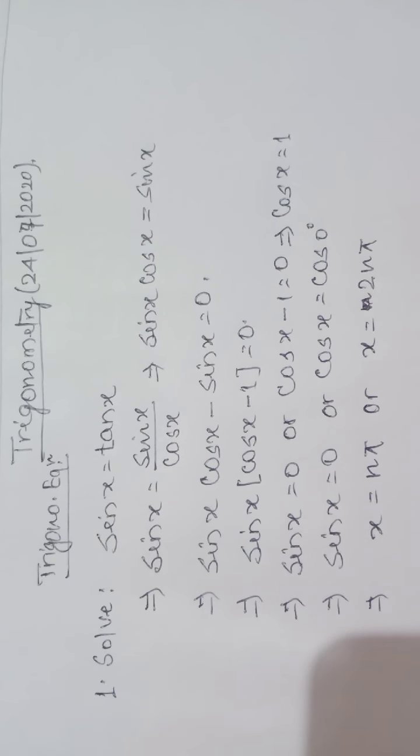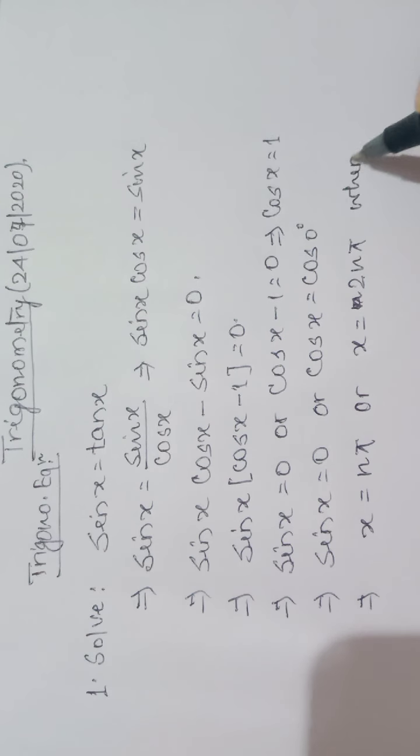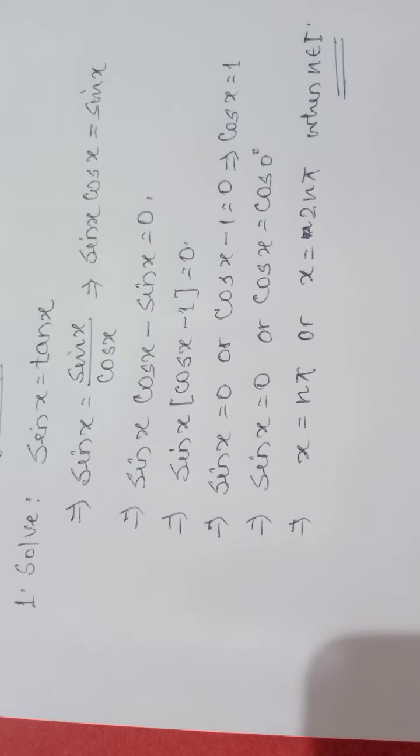Thus the general solution is x is equal to n pi, x is equal to 2n pi, where n belongs to I. This is our solution. See the next question.